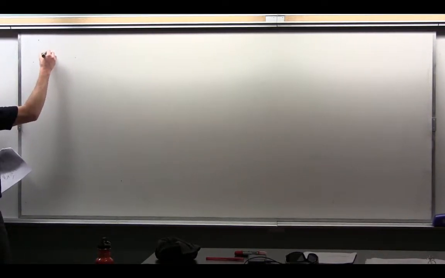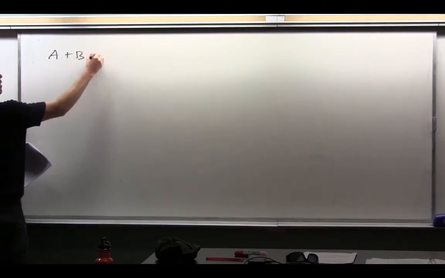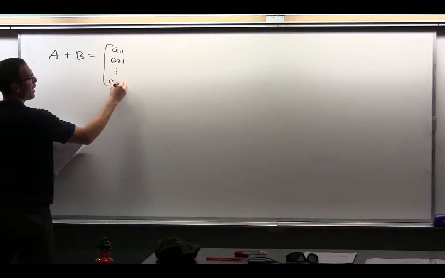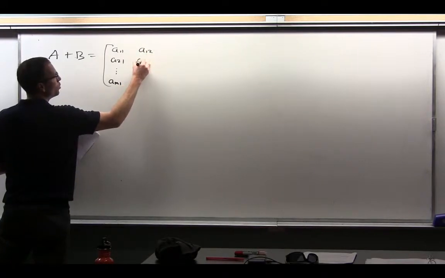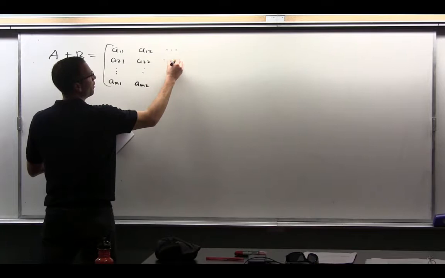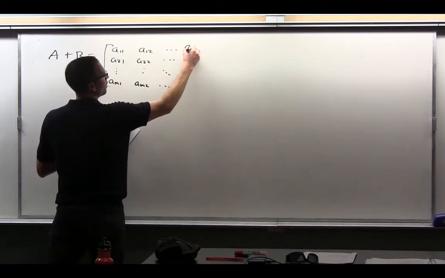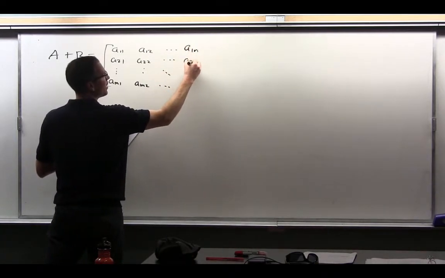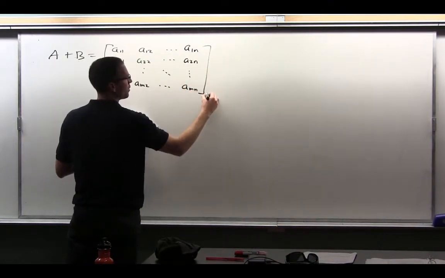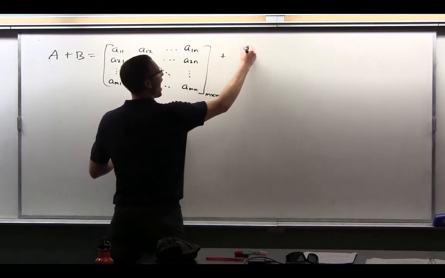So here we go. This means A plus B, if I were to look at that, is A11, A21, all the way down to AM1, A12, A22, all the way down to AM2, and then what? A1N, A2N, all the way down to AMN. So that's M times N. And then I add to that what?